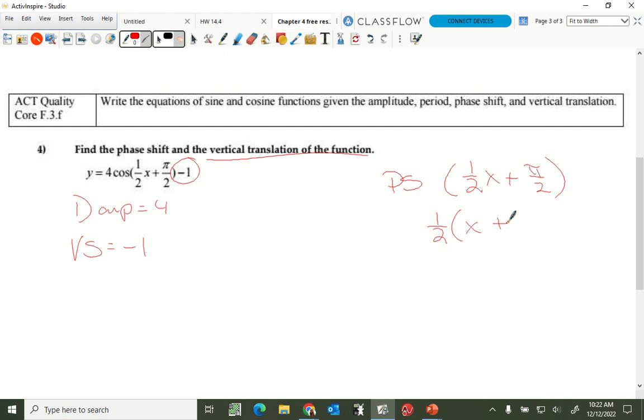So dividing by 1/2 is same as multiplying by 2, right? So if I multiply pi over 2 by 2, what do I get? Remember, it's going to be on the top, so it's going to be pi by itself, right? So it is just going to be pi.